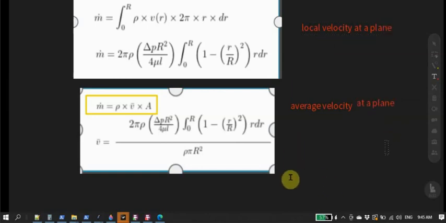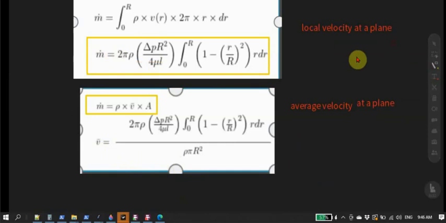So we can see here that we can find the average velocity. These are values that we have earlier, right? And this value is placed here.